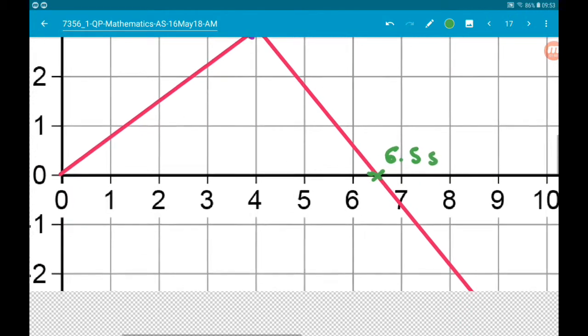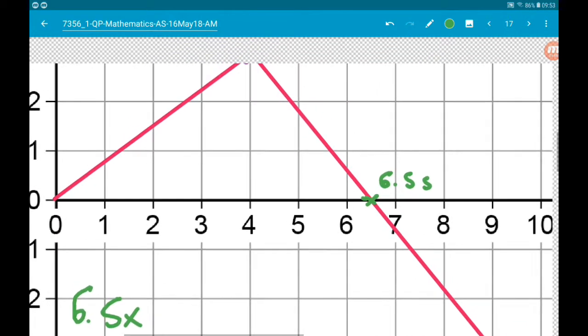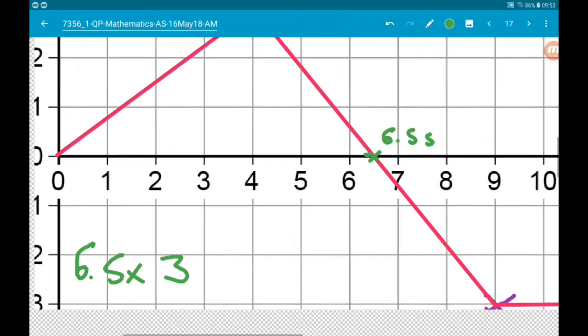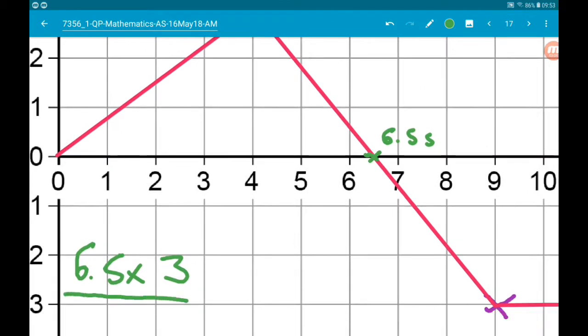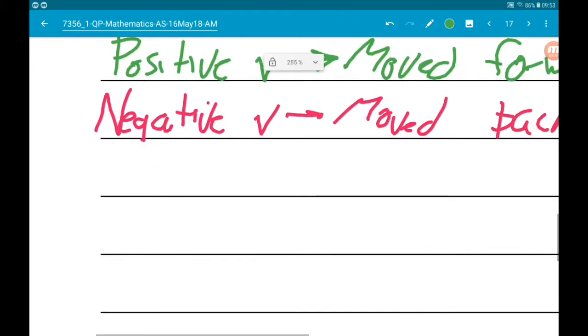So, let's do 6.5 times our height of 3, and then divide that by 2. Use your calculators. 6.5 times 3 is 19.5. Divide that by 2 is 9.75. So, we travelled 9.75 metres forward.